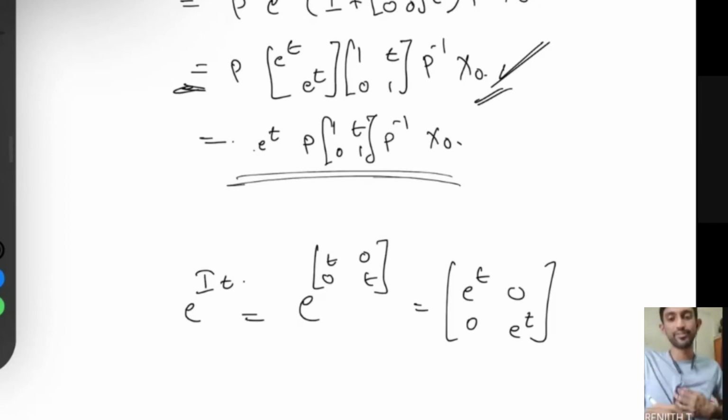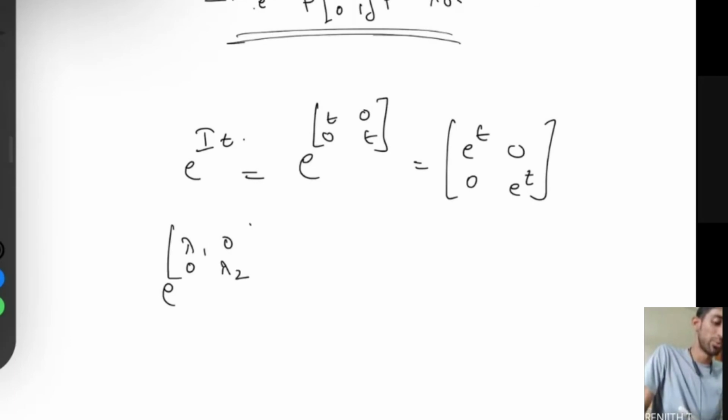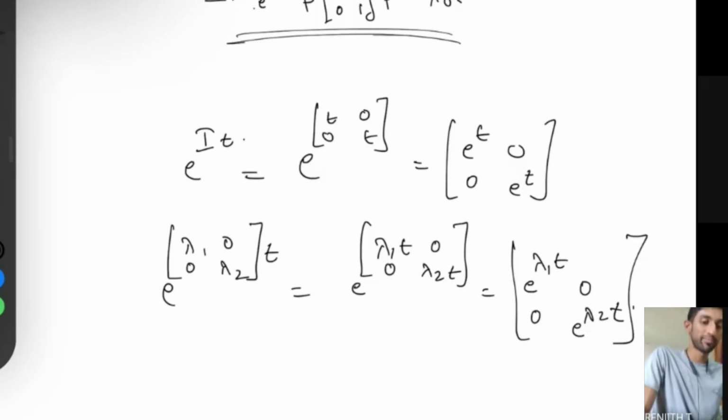What is the issue here? Yeah, that you can just verify. If it is e power lambda 1 0 0 lambda 2 times t, this will be e power lambda 1 t 0 0 lambda 2 t. This will be e power lambda 1 t 0 0 e power lambda 2 t. You can just give exponentials of the diagonals.